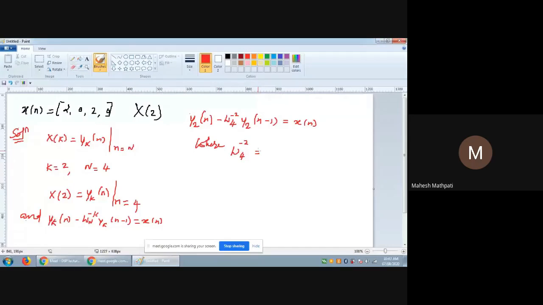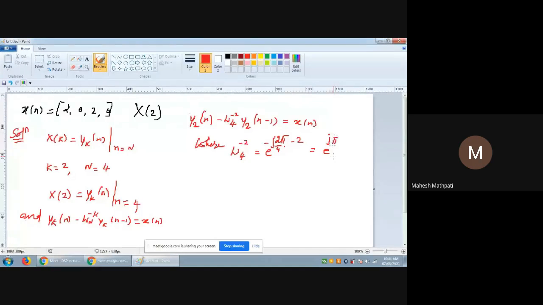So how do you check this? E raised to minus 2 j pi by N. Okay. So we'll write it is e power minus j 2 pi by 4 into minus 2. Okay, minus into minus is again plus, 2 into 2 by 4, everything will get cancelled here. So we'll get simply it is e power j pi.